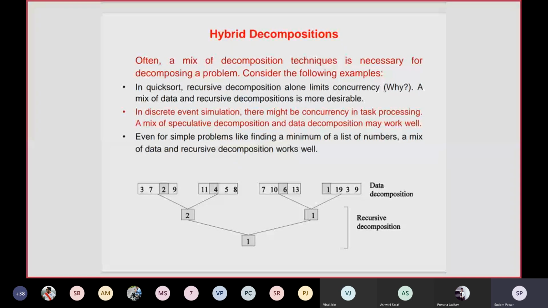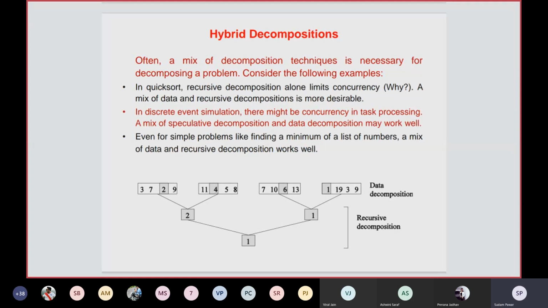So you can follow a mixture of data decomposition and recursive decomposition to get the desired result. In this problem, you can apply the hybrid approach, that is the combination of recursive decomposition and data decomposition.